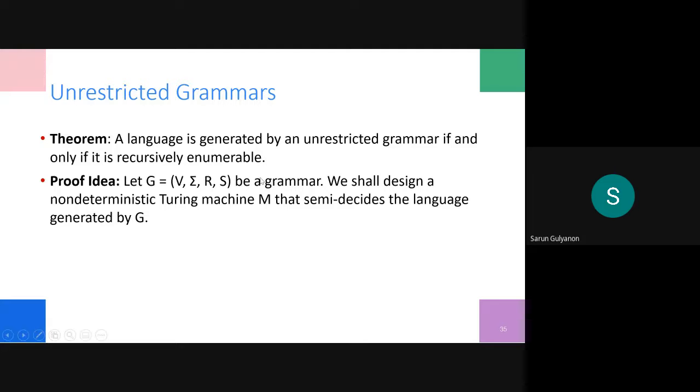So let's say that we have this grammar G. Every time we want to show that something is a recursively enumerable language, what we do is we just build a Turing machine that semi-decides it, and then we just finish the proof.